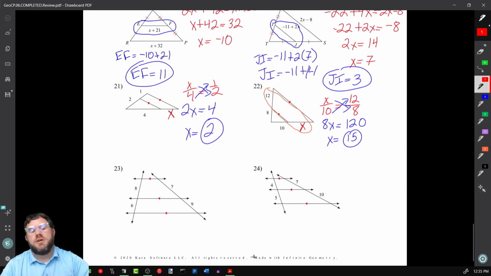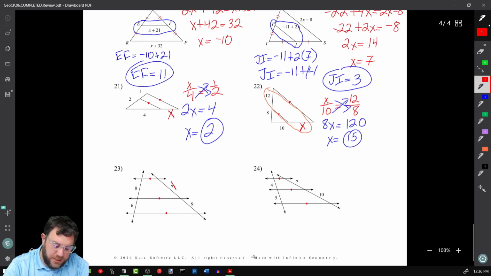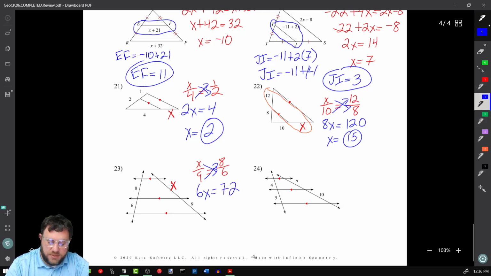23 and 24. This is the offshoot of the side splitter theorem, and it really is the same thing, that the pieces are set up as proportions. In this case, instead of a triangle though, we just have 3 parallel lines. So we still have x over 9 equals 8 over 6. And we're going to work it the same way. Cross multiply. 6x equals 9 times 8 is 72.